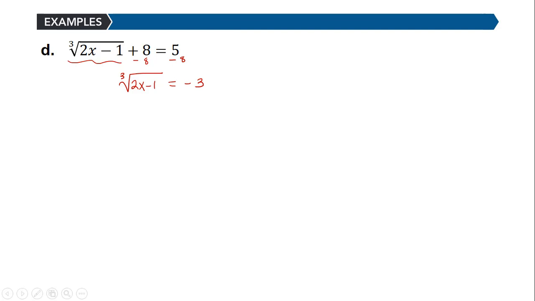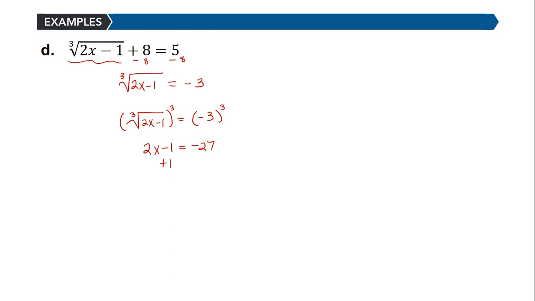Then we'll apply the property that states we need to raise each side to the power that is equal to the index of the radical, which is 3 in this case. So we have the cube root of 2x minus 1, and then we'll cube it, is equal to negative 3 cubed. Cubing the cube root of 2x minus 1 gives us 2x minus 1 equals negative 3 cubed, which is negative 27.